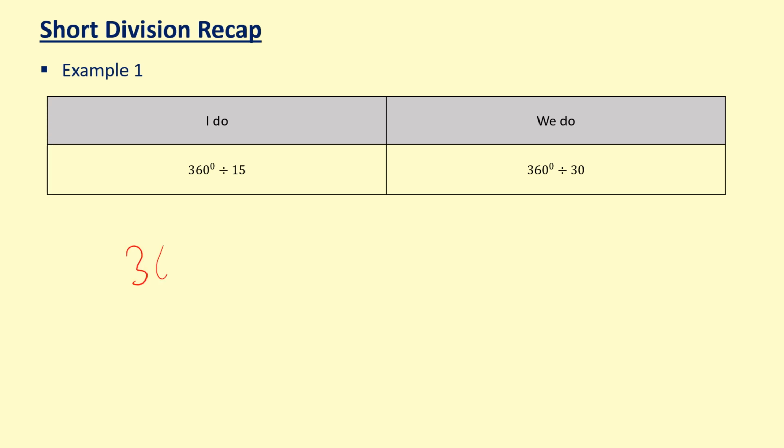So 360 inside the bus stop divided by 15 on the outside. 15 into the first digit 3 doesn't go, so we put a 0 above and we carry that 3 over to the next column. 15 into 36, well 15 into 30 goes twice, and we're going to have a remainder of 6, then goes into the next column with the 0, which makes 60. 15 into 60 goes 15, 30, 45, 60, 4 times. So that would be 24.